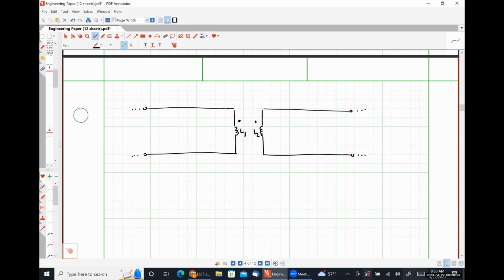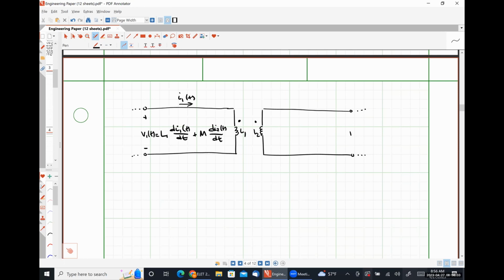And these can both be part of larger circuits. I'm going to define V1 as L1 di1 by dt plus M di2 by dt, and my current flowing in this direction.